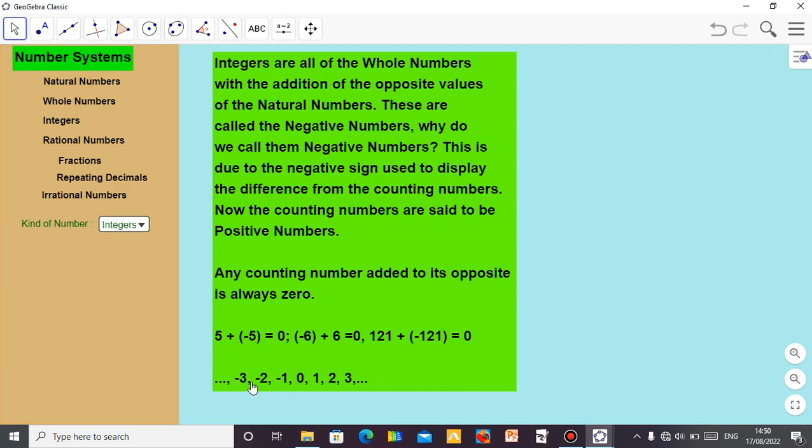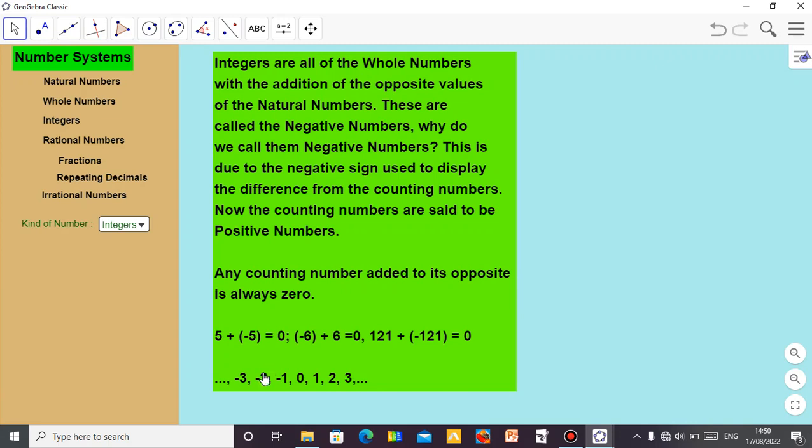So when negative whole numbers are included with 0 together with natural numbers, we call them integers. So integers are whole numbers consisting of negative numbers, 0 and positive numbers. This is what we usually use in our number line. When you check the number line system, you see the 0, then positive whole numbers, negative whole numbers. So that is what I mean by whole numbers with the addition of the opposite value.